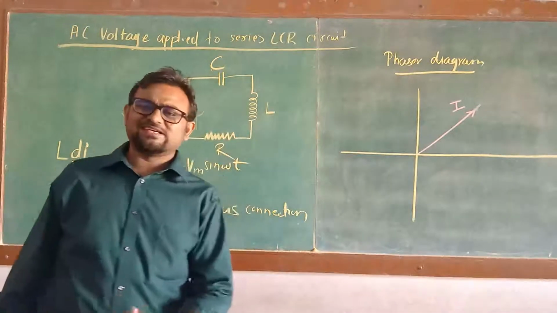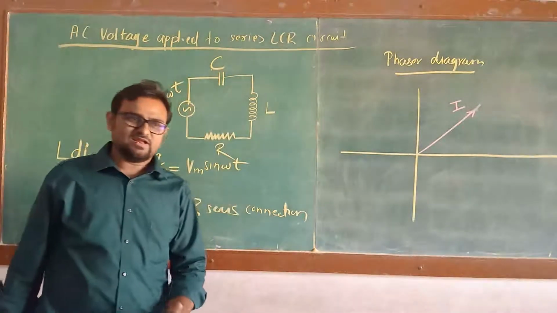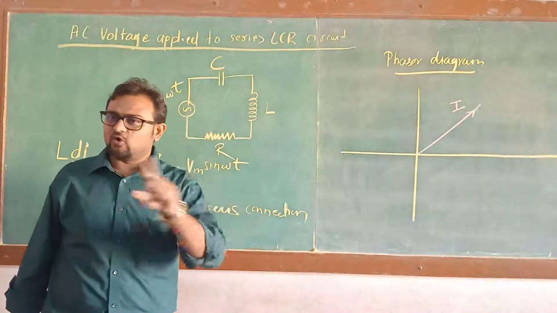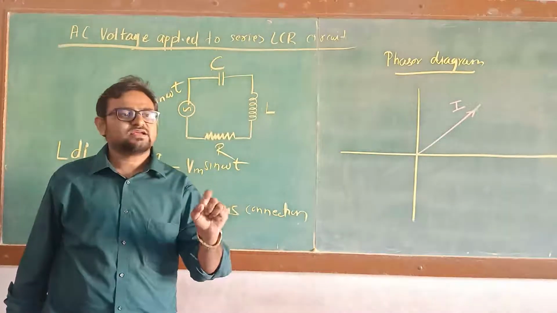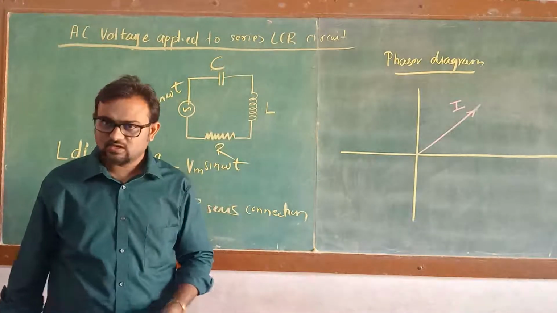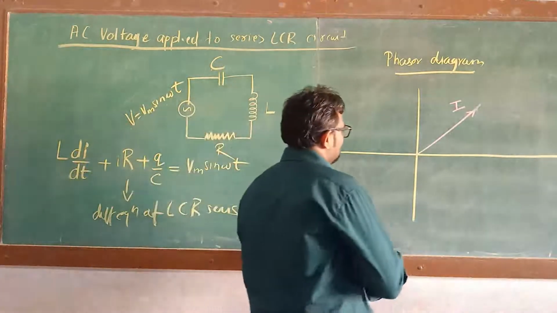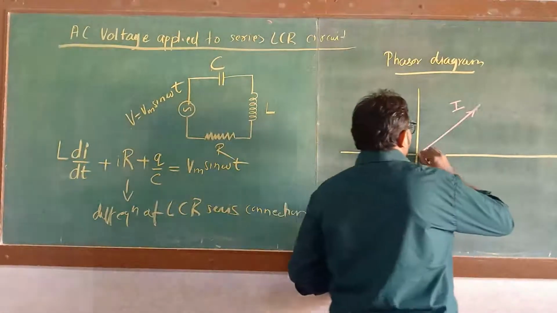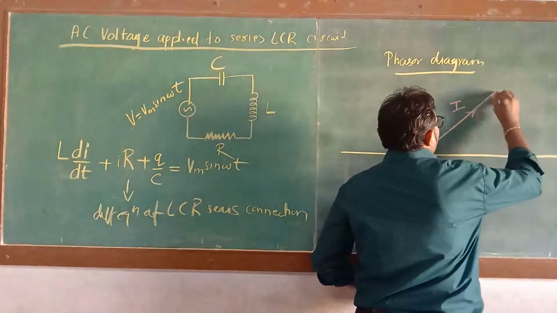Now if I take the resistor, the current and voltage are in the same phase. Clear? So the voltage vector will be this one.